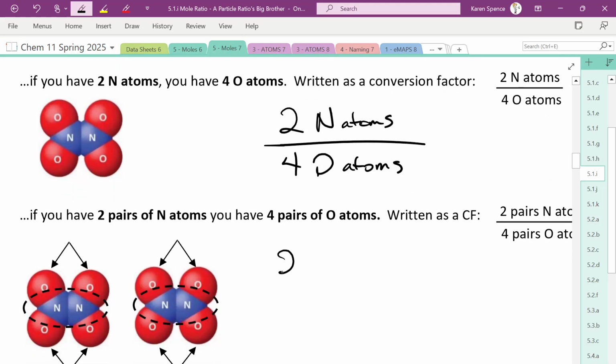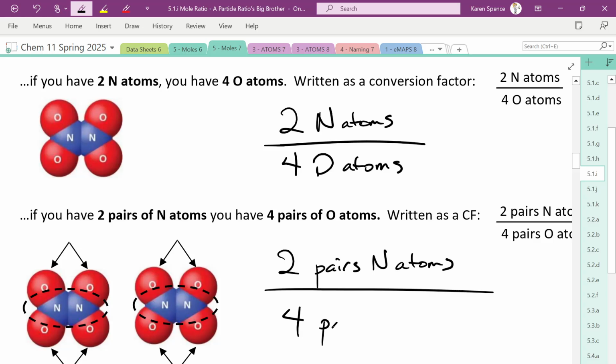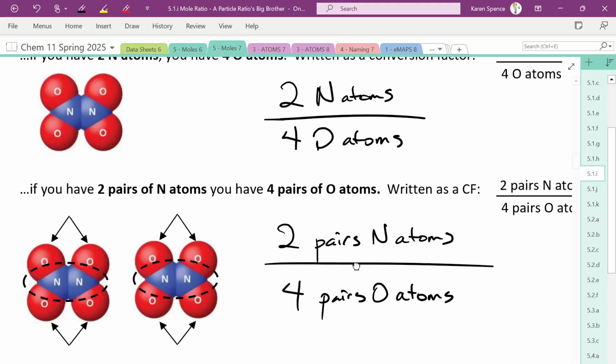We have 2 pairs of N atoms for 4 pairs of O atoms. And we can do the same thing for a dozen. 2 dozen N atoms for every 4 dozen O atoms. And then we can scale that up even further. So we have 2 moles of N atoms per 4 moles of O atoms.